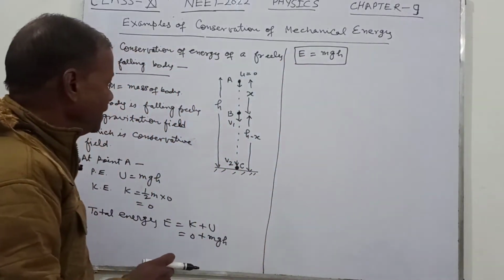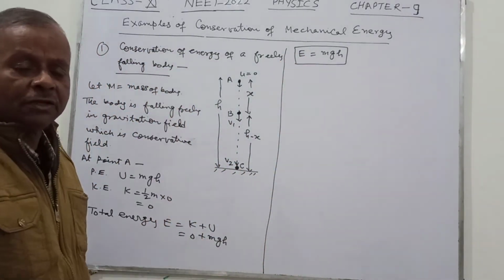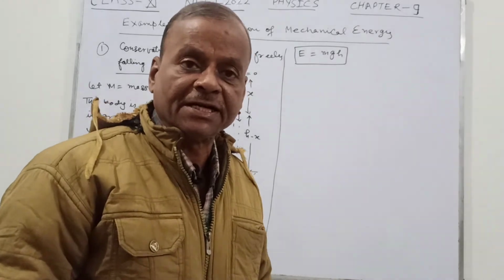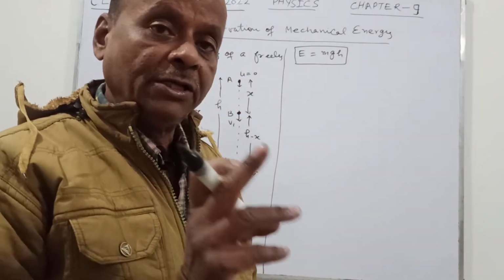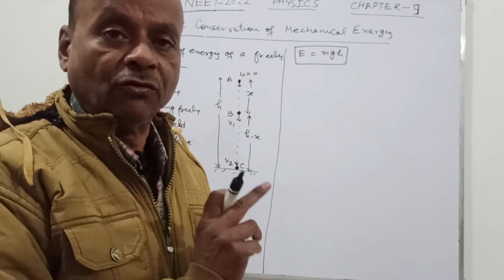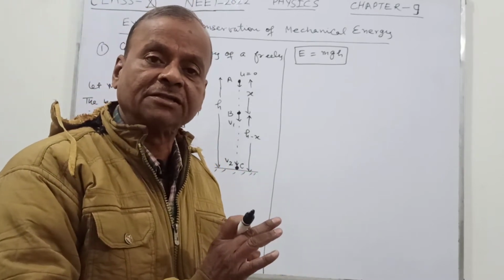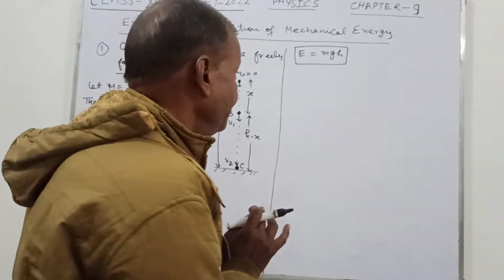Now total energy at the point A is equal to mgh. It means that at the points B and C, the total energy must be equal to mgh. Only then we can say that there is the conservation of mechanical energy.